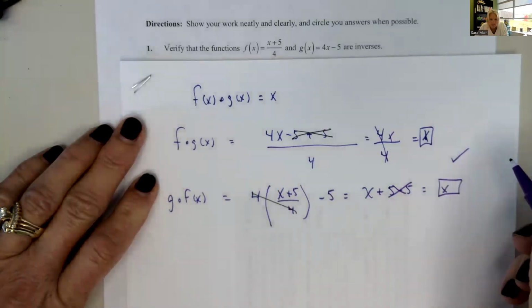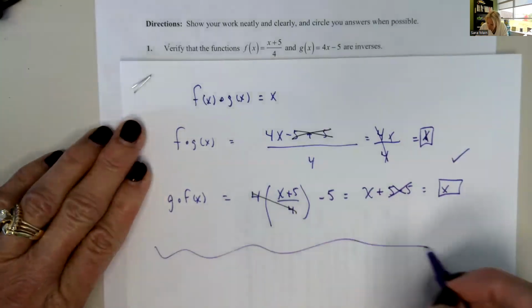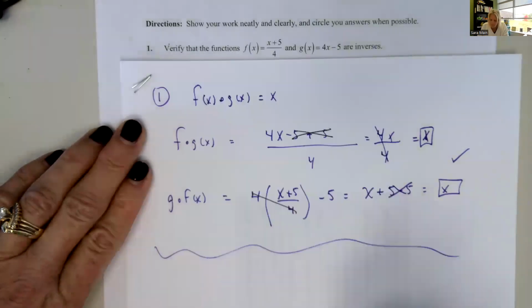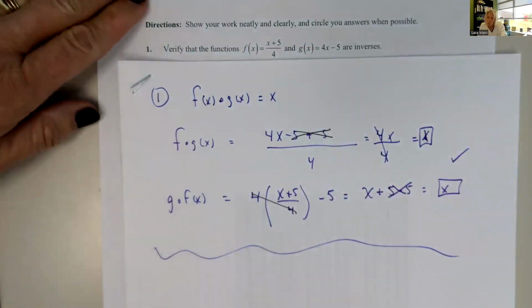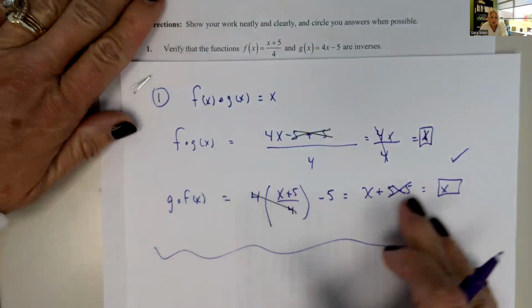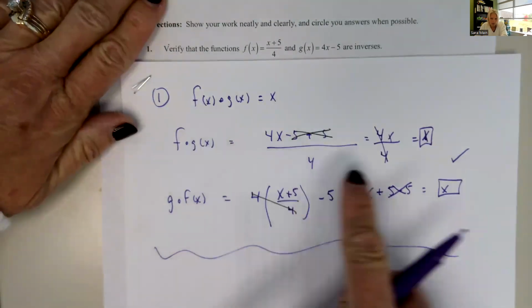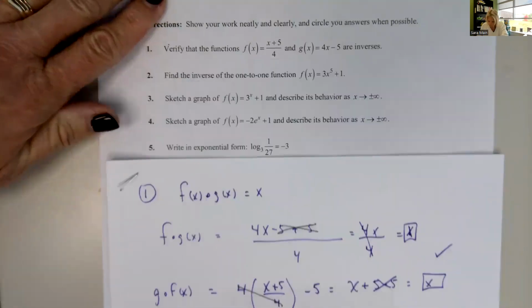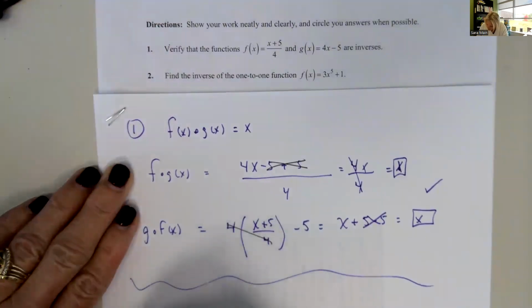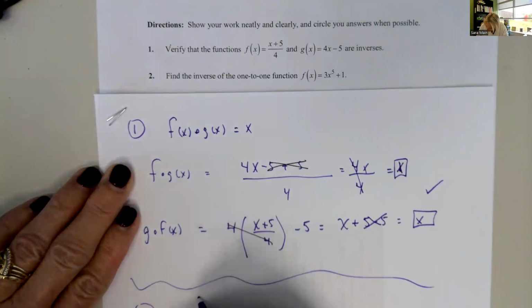So yes, they are inverses of each other. So this is what I would expect to see on your papers to show that they compose with each other and create x.